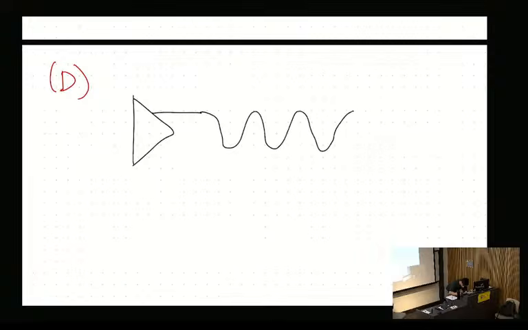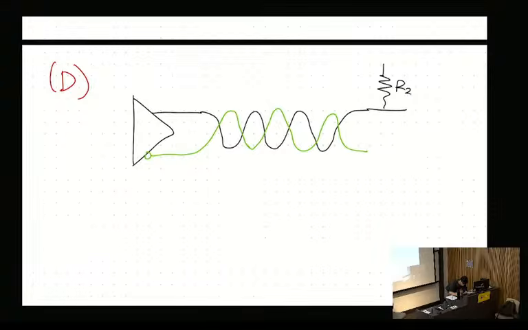So part D. If I quickly draw what the circuit looked like, effectively we had this, and then we had a second driver that came from here. And then this went to one particular node here, R3, C2.